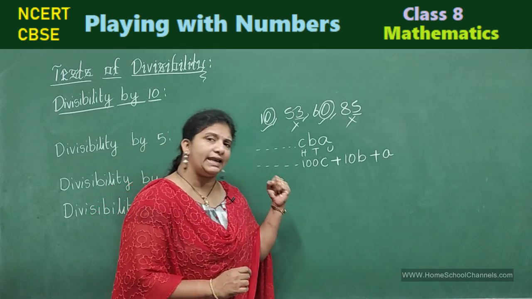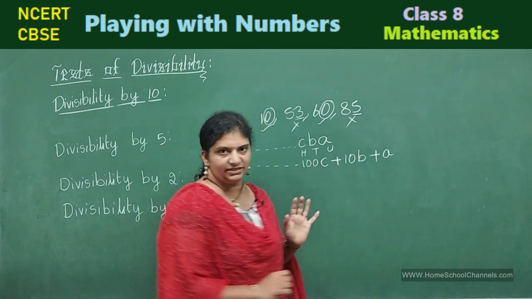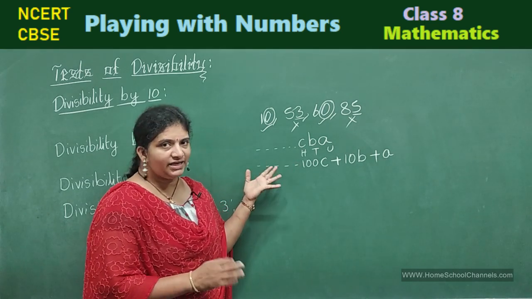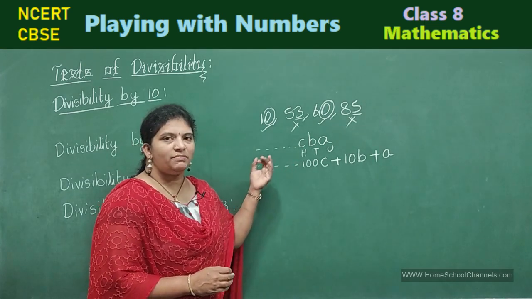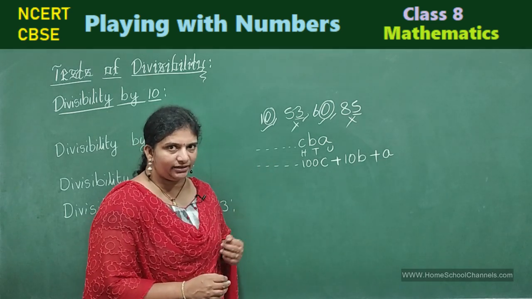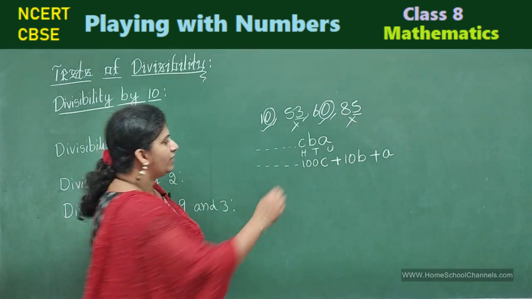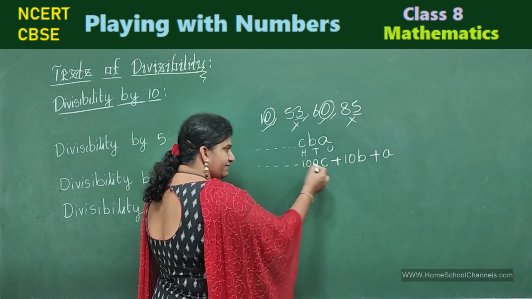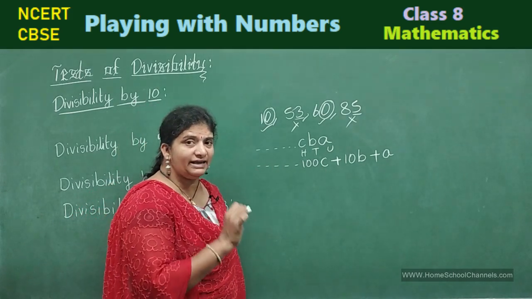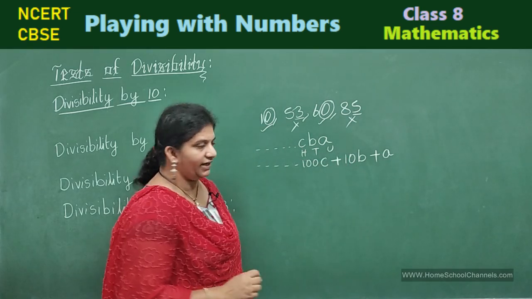Suppose we take any number of digits, we need to observe only the last digit. If the digits increase, nothing to worry about; it becomes 1000, 10,000 with a variable. See, all these will be divisible by 10. How? Is 100 divisible by 10? Yes, 10 tens are 100. And 10B is 10 ones times B.